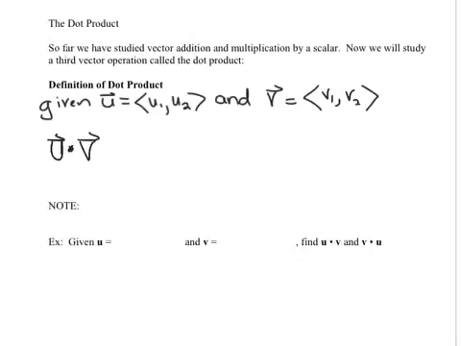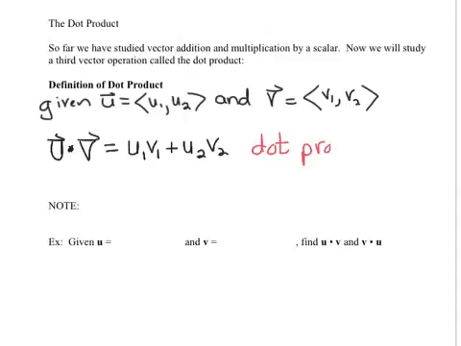The dot product is going to be the answer you get when you multiply u1 times v1 plus u2 times v2. And this kind of looks like what we did with matrices, where we multiplied matrices.